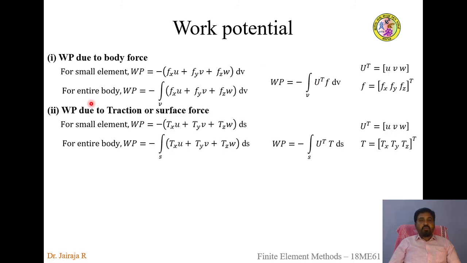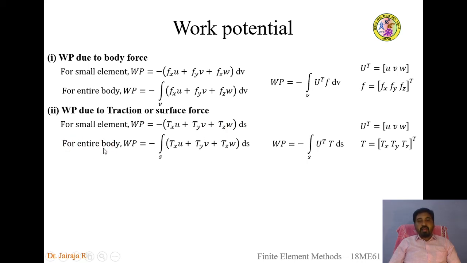Next, work potential due to traction force or surface force. Here for a small element, work potential can be represented like the previous case, the body force. Instead of Fx, Fy, Fz, here I am writing Tx, Ty, Tz, which are the traction forces along x, y and z direction. So for a small element, work potential can be represented as minus Tx u plus Ty v plus Tz w into ds.